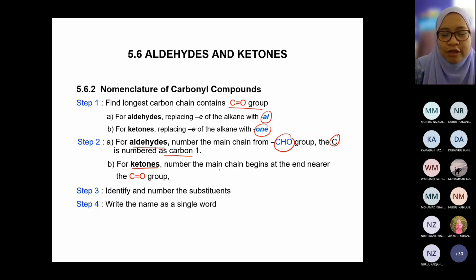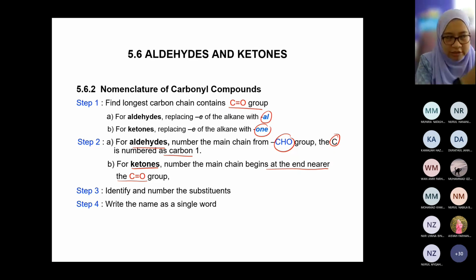So, kita punya approach adalah number the main chain begins at the end nearer the C double bond O group. So, obviously, ketone tak boleh dapat nombor 1. Carbon tu tak boleh pegang nombor 1 sebab dia duduk between the 2 carbon. So what we can do is try to get as lowest number as possible for that carbonyl group.